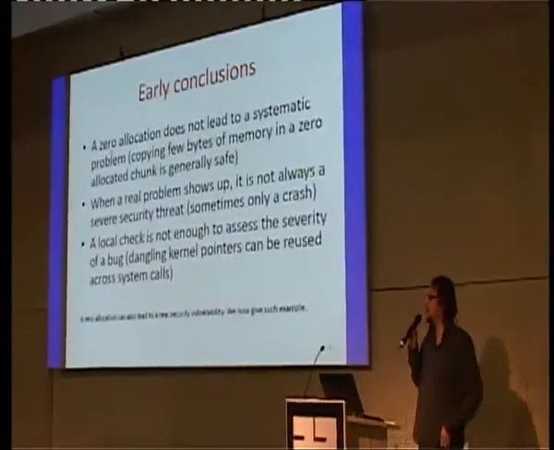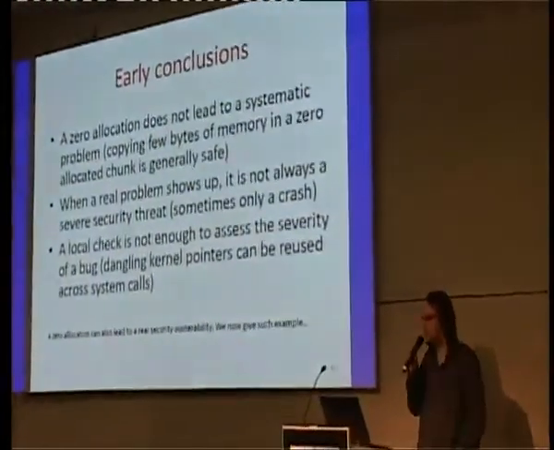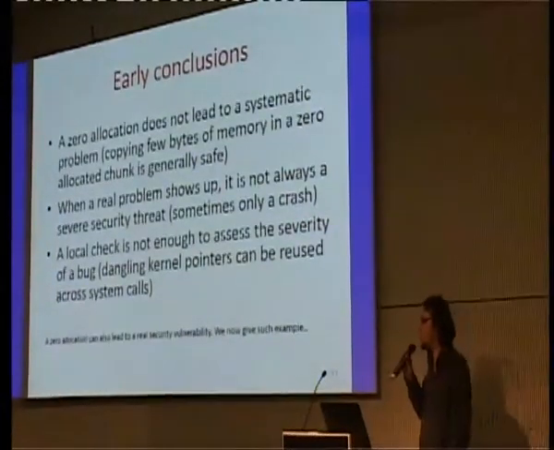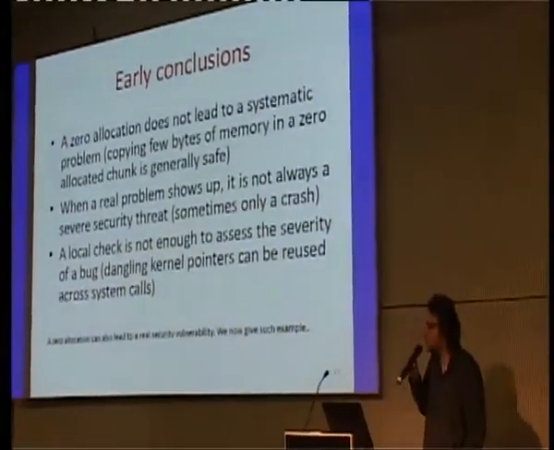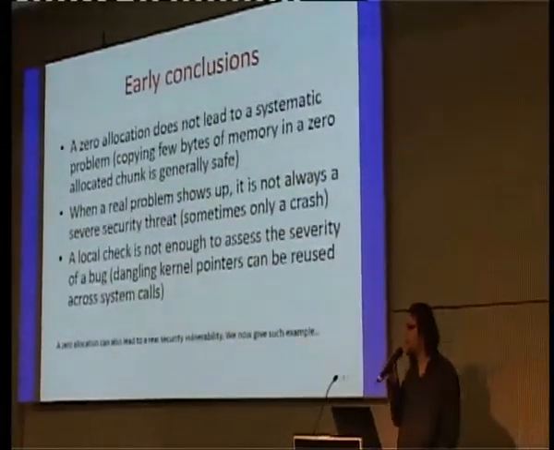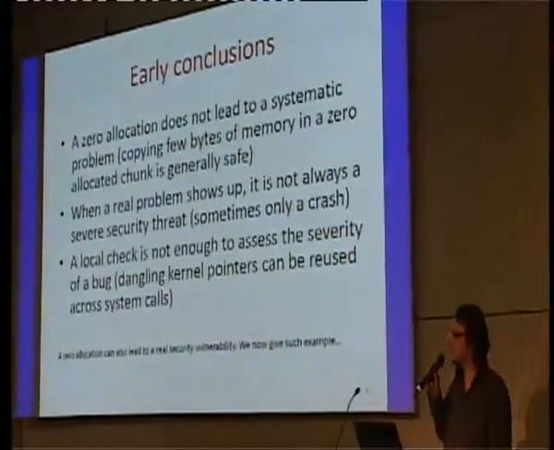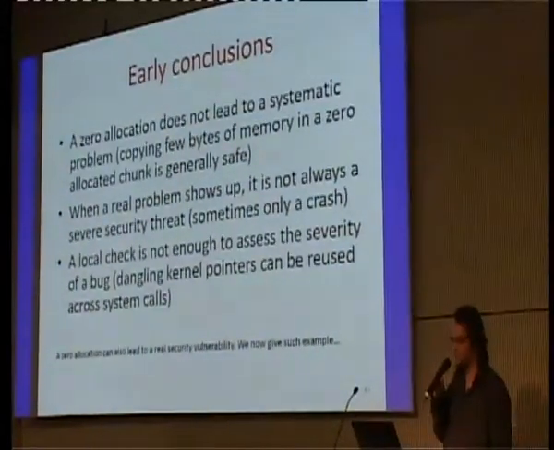So, early conclusion from our example. When you have a zero allocation, it's not necessarily a problem. Sometimes it's perfectly safe. You do a zero size heap allocation, you don't touch the pointer, nothing happens, it's not a bug. When a real problem happens, it's not necessarily an escalation of privilege. It can be just a crash of the kernel, like a BSOD.